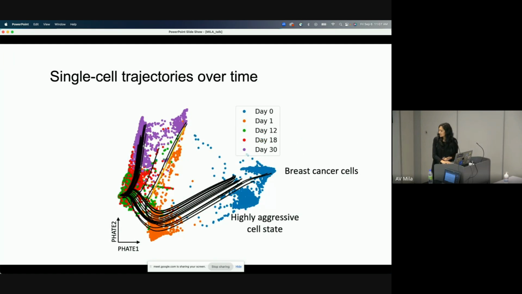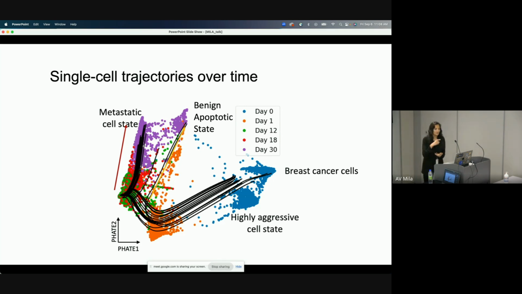The next kind of analysis is to actually analyze the trajectories. Yeah, so we have two different types of trajectories, and we want to understand what's different about these two kinds of trajectories. And so it turns out that the left trajectory is that reversion back to the epithelial state, which can form the tumor.